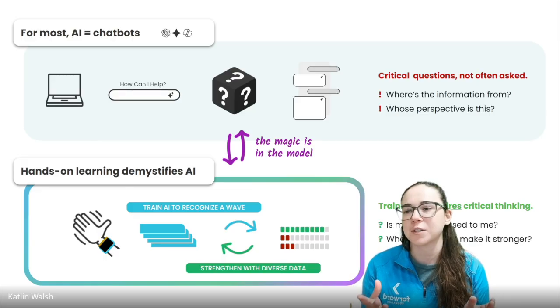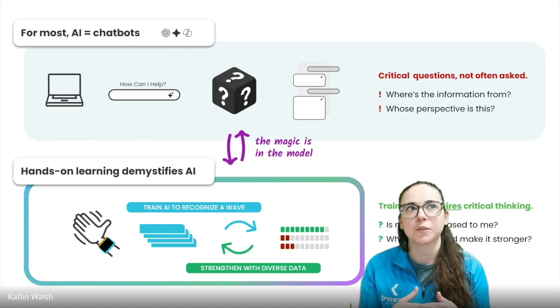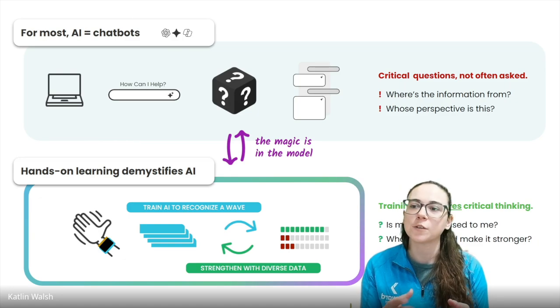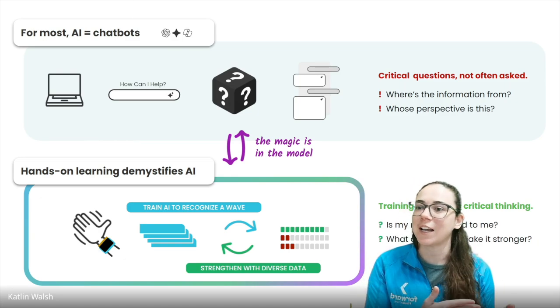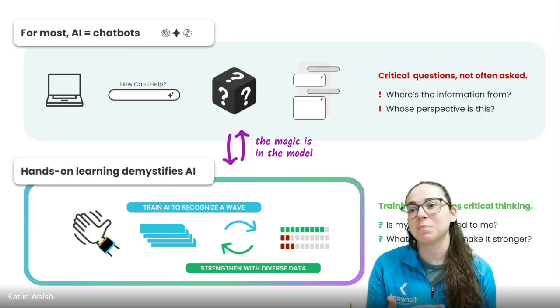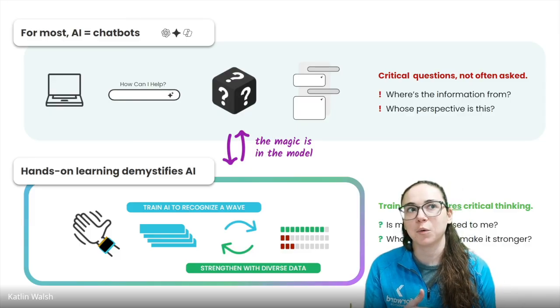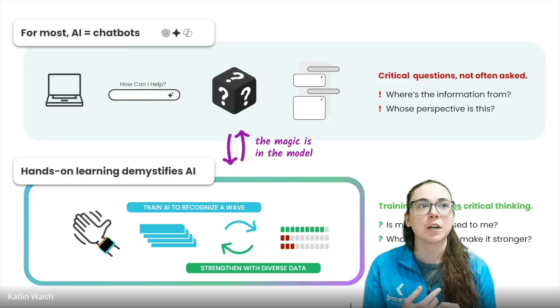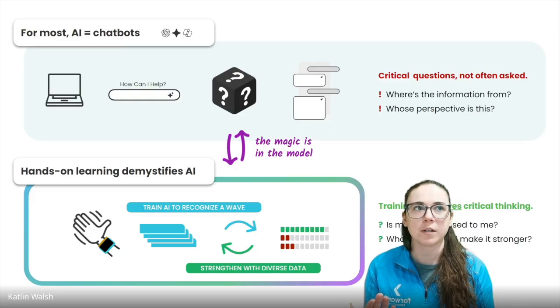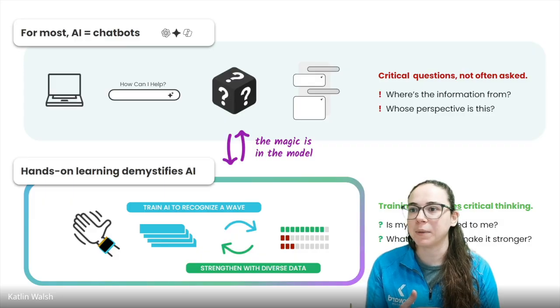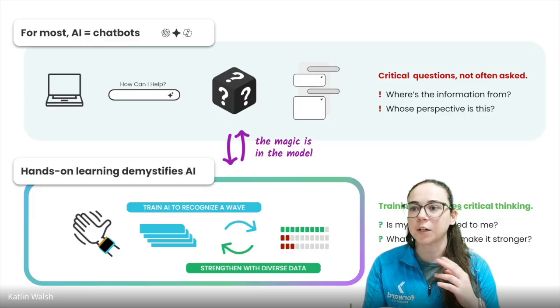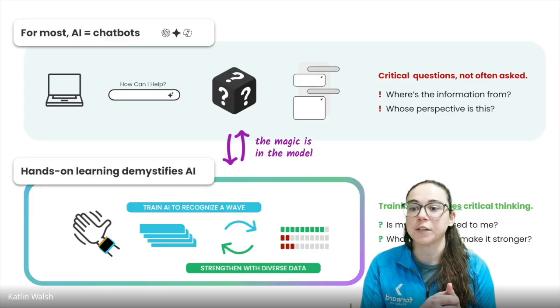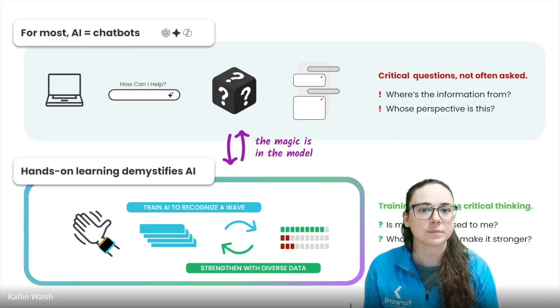So the magic is in the model and working with those different pieces. We need critical thinking to train an AI model. So that's already embedded in curriculum concepts in your topics. We can think about when we're working with a hands-on activity, if a model is biased, what kind of data could make it stronger, and how we can iterate on our work with engineering design principles as well.